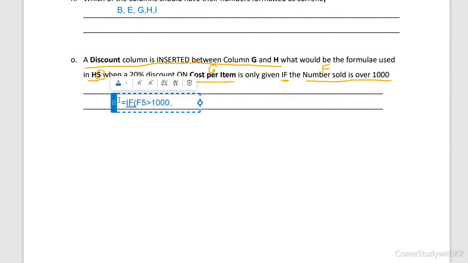What are we going to do? We're going to find 20% of what? The cost. So the cost is in G. So we find 20% of G5. We'll give G5 a 20% discount. Otherwise, no discount. All right? That's it. If the number sold is over 1,000, then we give a 20% discount on your cost per item. That's the formula.